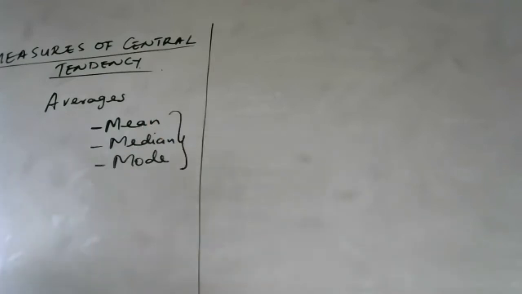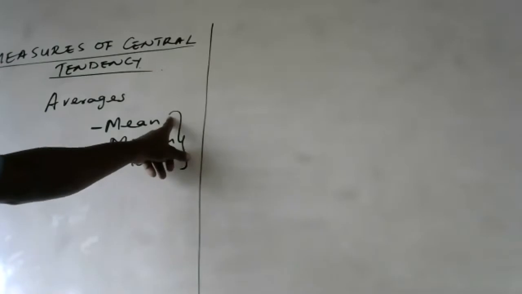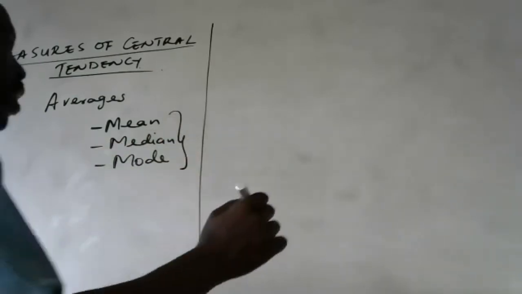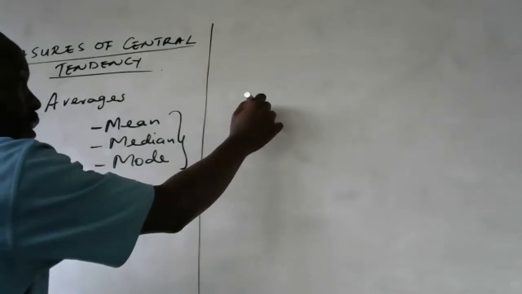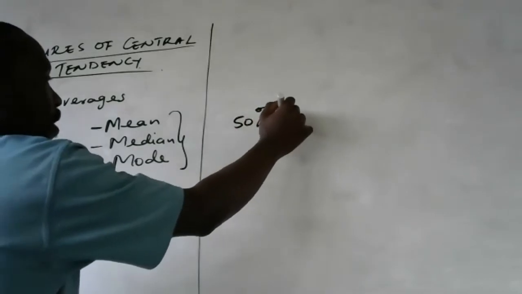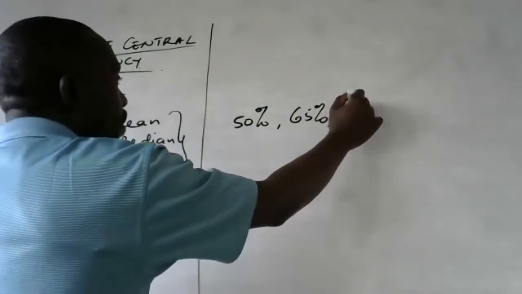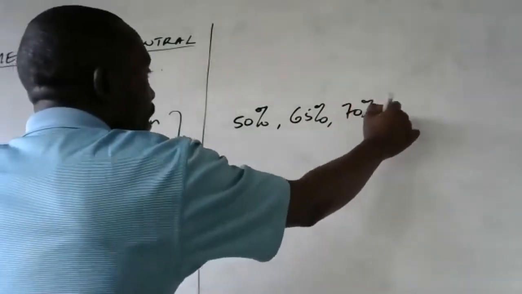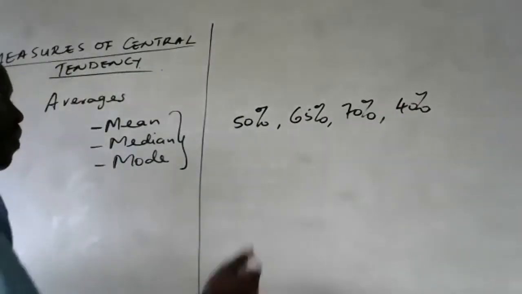These three are the measures of central tendency we are referring to, where the mean is actually the real average. So, for example, if somebody scored maybe 50%, the other one scored maybe 65%, the other one scored maybe 70%, the other one maybe scored 40%, we can calculate the mean here.